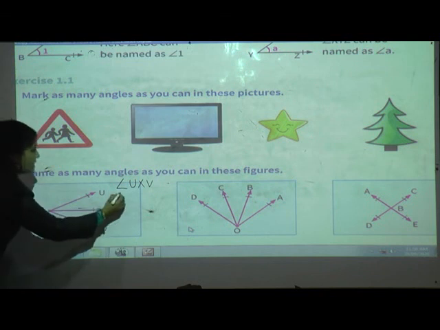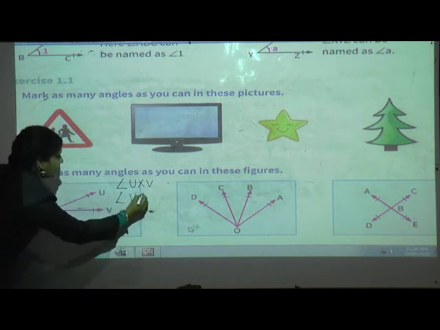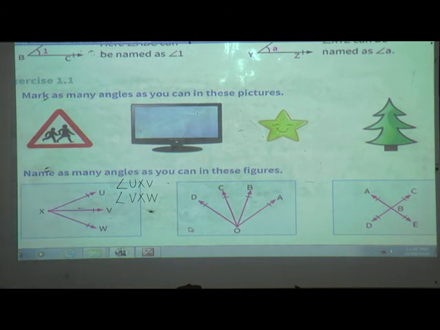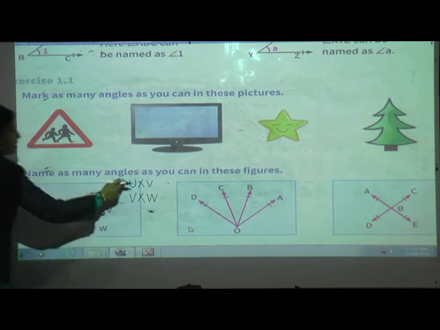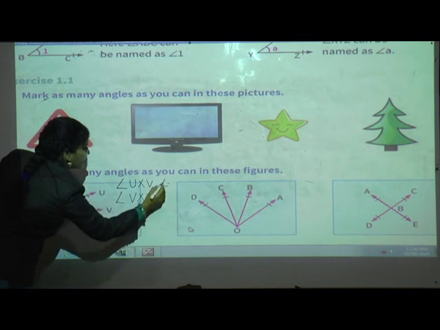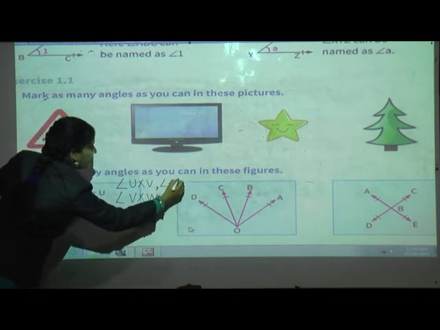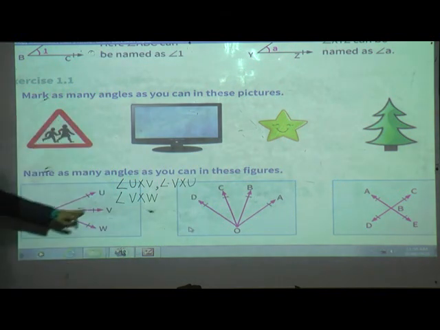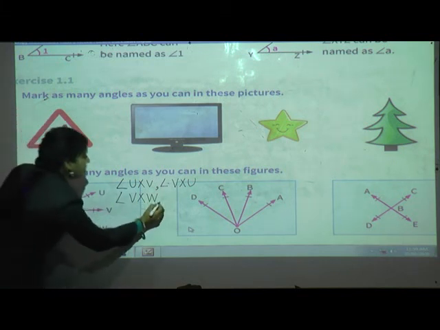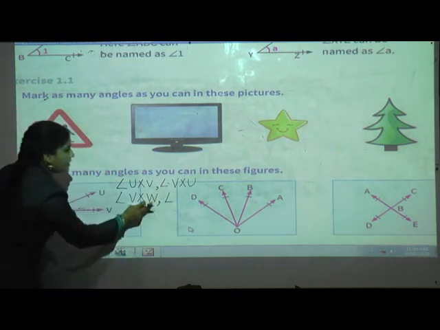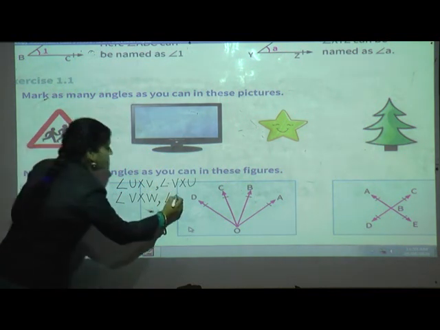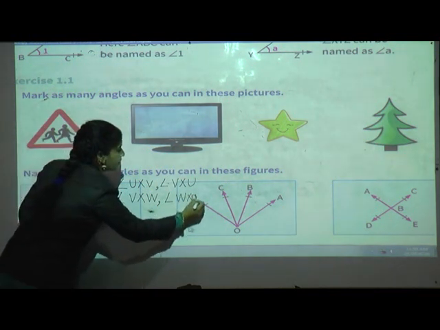Again, you can write it also as angle VXU, and this you can write as angle WXV.